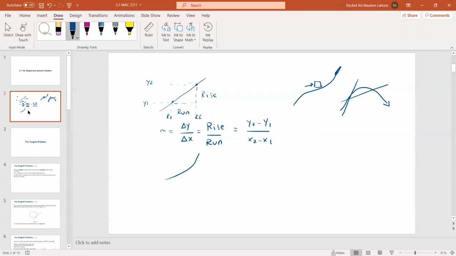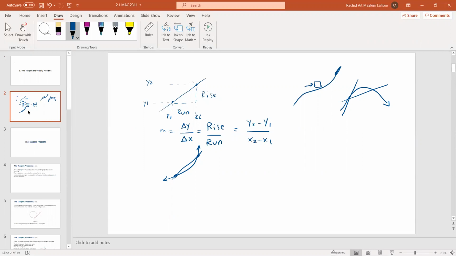So in algebra, the way you did rate of change, for example, for a curve, you just took two points and you calculated and you said it is what it is. Then you'll find, for example, for a parabola, the slope is 0 or something, but it doesn't make sense.